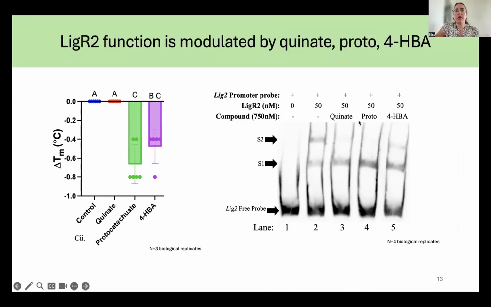However, when you add quinate, proto, or 4-HBA, you no longer see this tetrameric sized band, which indicates that these compounds have a destabilizing role for the regulator and might help remove it off the DNA so that it can facilitate expression. As we said before, LIGAR2 is a repressor.